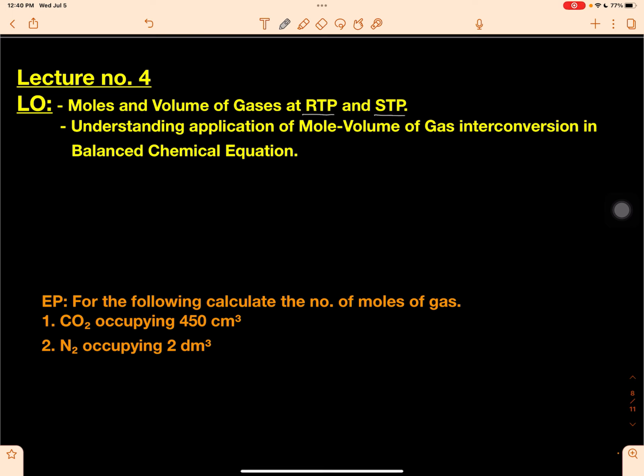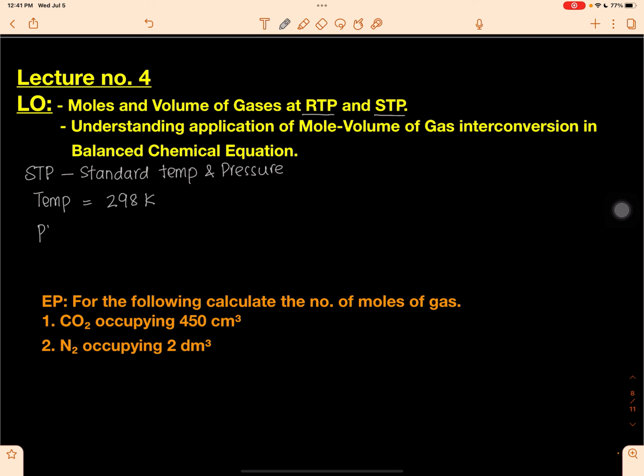So let's first understand what STP and RTP are. STP stands for standard temperature and pressure. Standard temperature is 298 Kelvin, and the pressure is 1 atm.